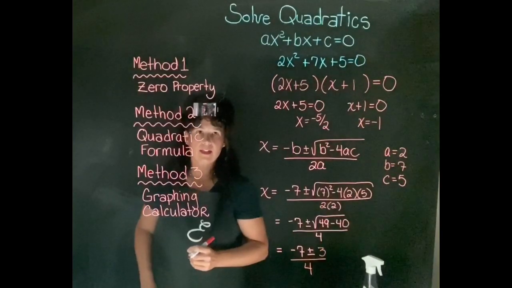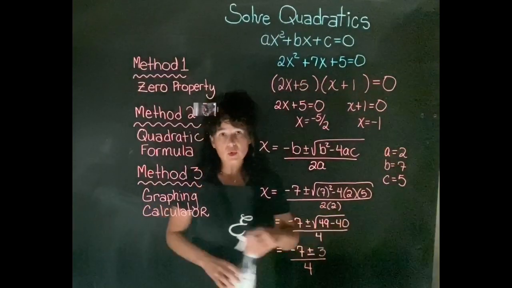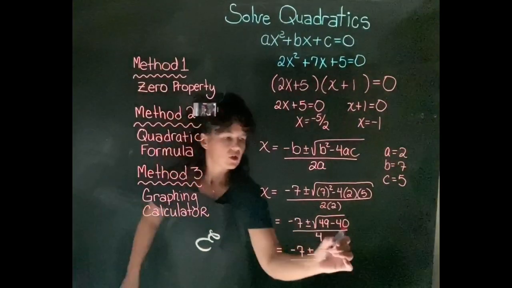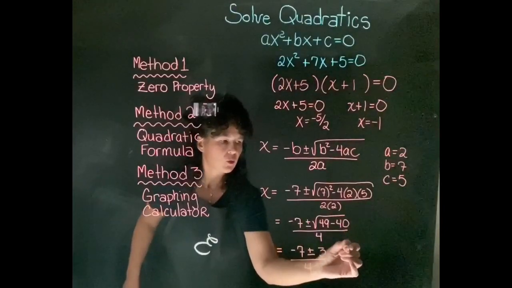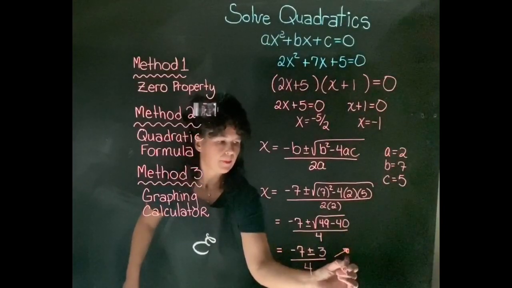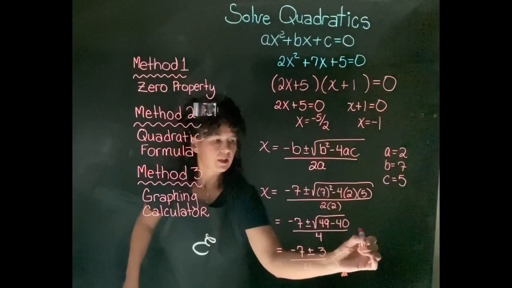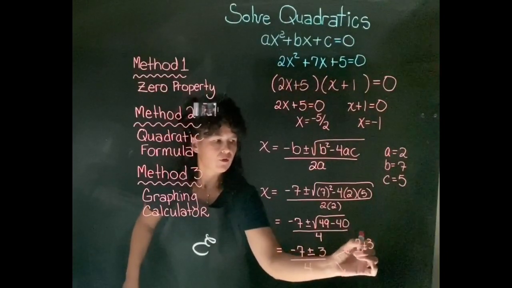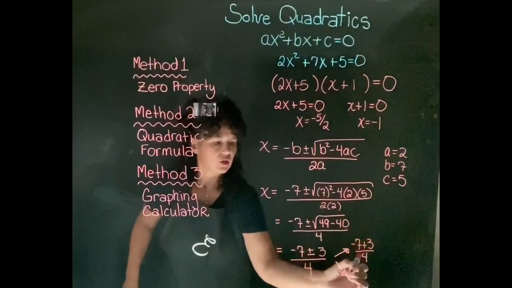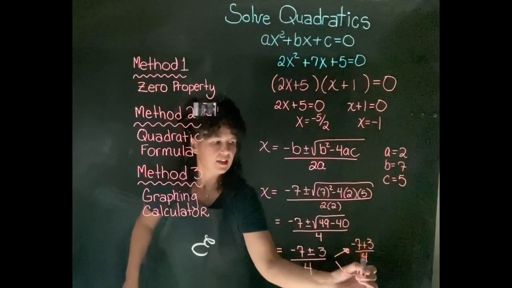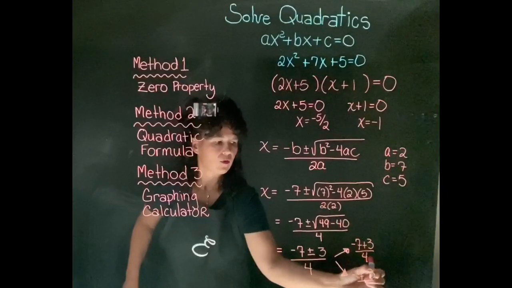The plus or minus really means that we have two answers. So I'm going to do each one of them separately. I need to do the problem with negative 7 plus 3 over 4. And I need to do the problem with negative 7 minus 3 over 4.